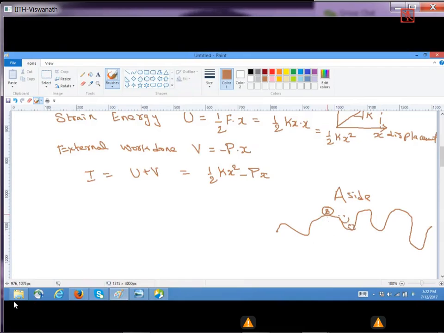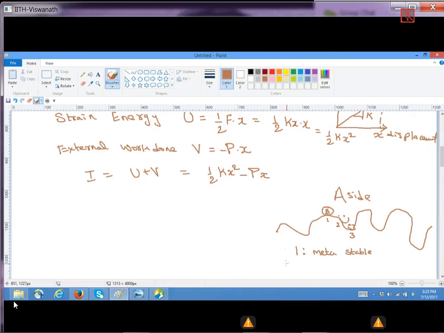The one on the top may be stationary, the one at the bottom may be stationary. So this is position 1, this is position 2, and this is position 3. Position 1 is metastable. That means a small disturbance will make this ball come to position 3.